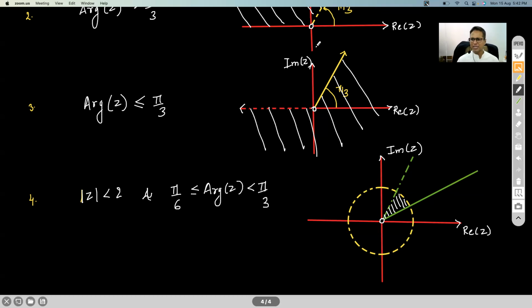We'll talk more about it. It's just the beginning of the concept. We are going to discuss modulus argument based geometrical representations quite a lot in solving many complex number questions. So meanwhile, with this, we will now move on to our understanding of the second representation of complex number, which is the polar form. So let me take you to the next concept right now.